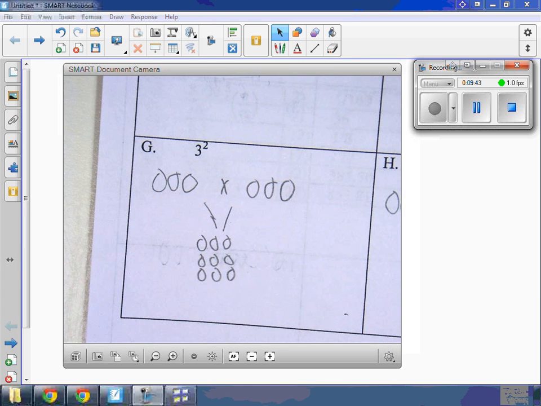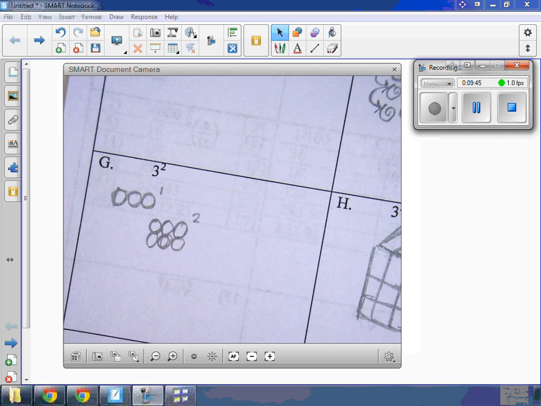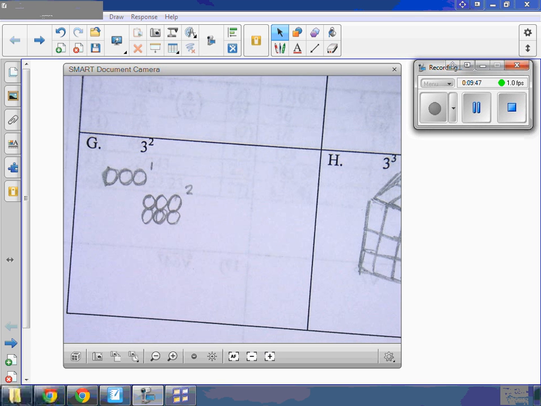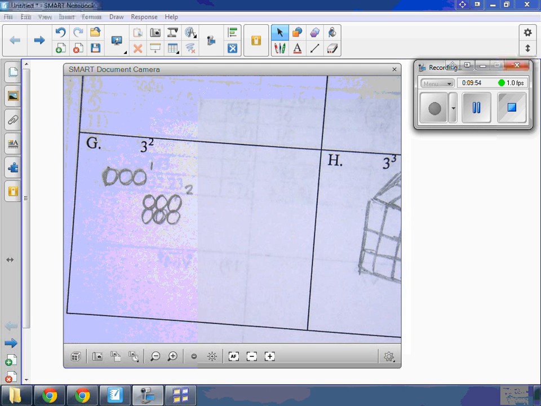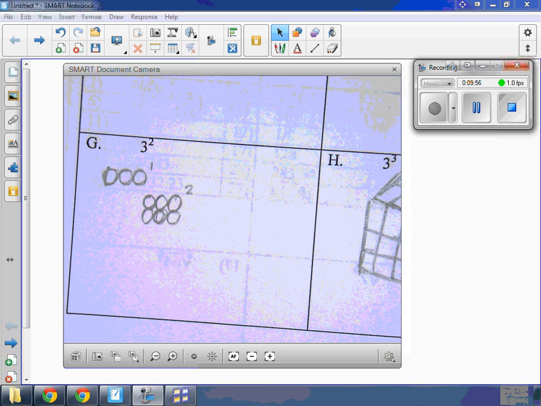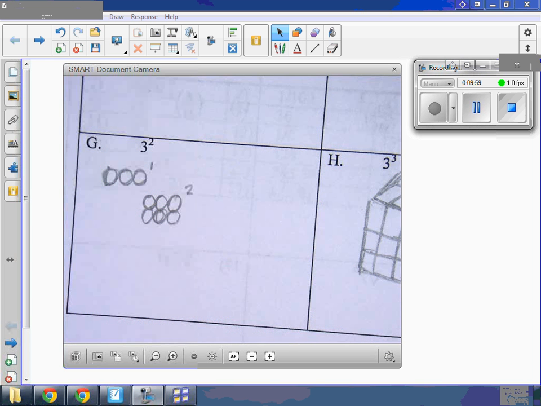So I should have a 9, right? So explain how these 9 circles represent 3 squared.